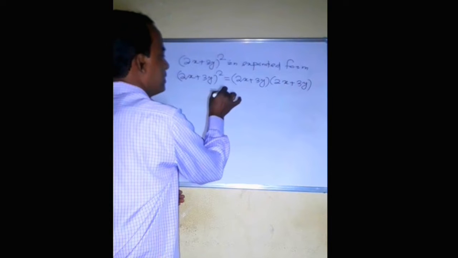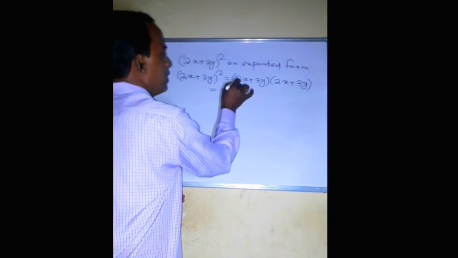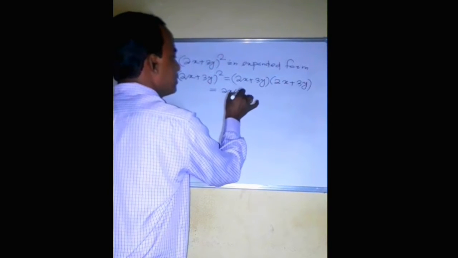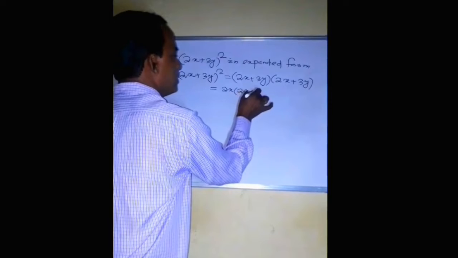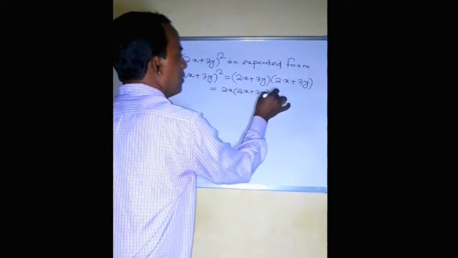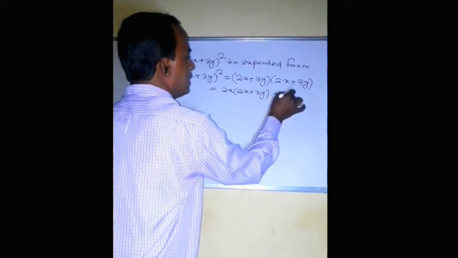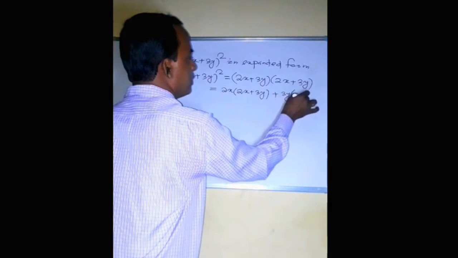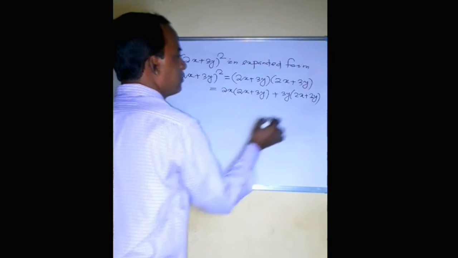that can be written as 2x, the first term, multiplied with (2x plus 3y), again plus 3y into (2x plus 3y).